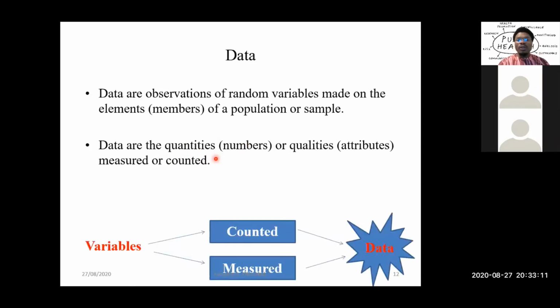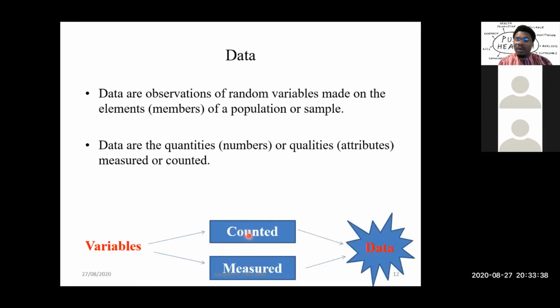So now let's move a little bit further into data. What is data? Data are observations of random variables made on the elements of a population or a sample. Data are the quantities or qualities measured or counted. Remember earlier we did say that variables are either measured or counted. This is it here.